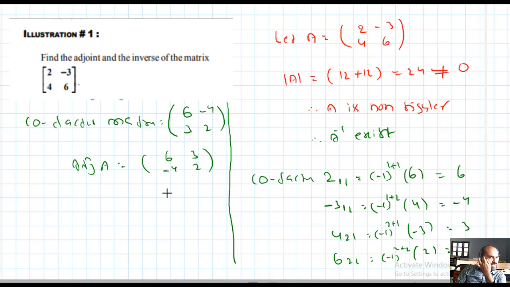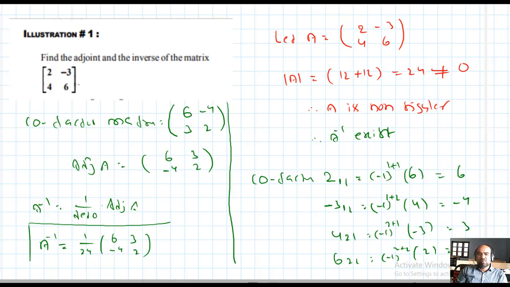Okay students, adjoint A you got. Now I want the inverse. Inverse equals 1 by det A into adjoint A. That is A inverse equals 1 by 24 into 6 3 minus 4 2, completed, enough, no need to multiply, or you can multiply, that is not a big problem.